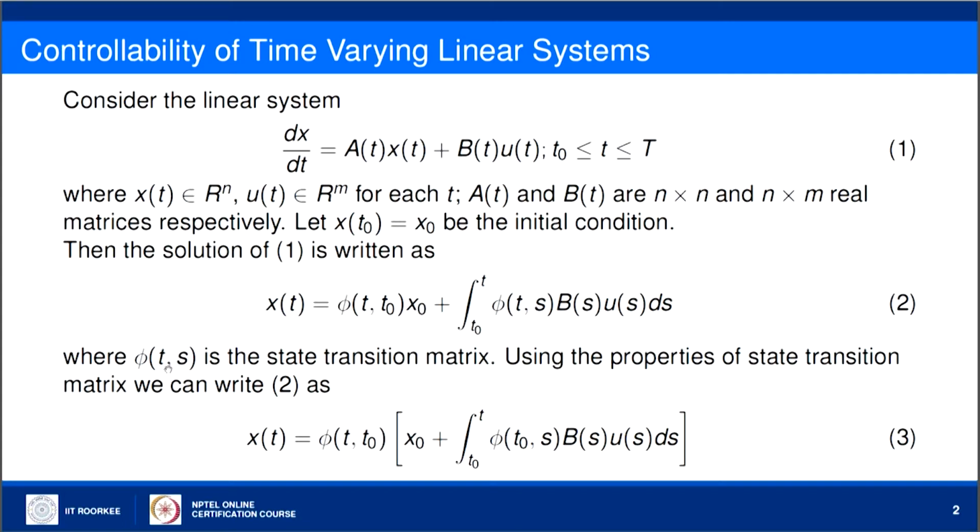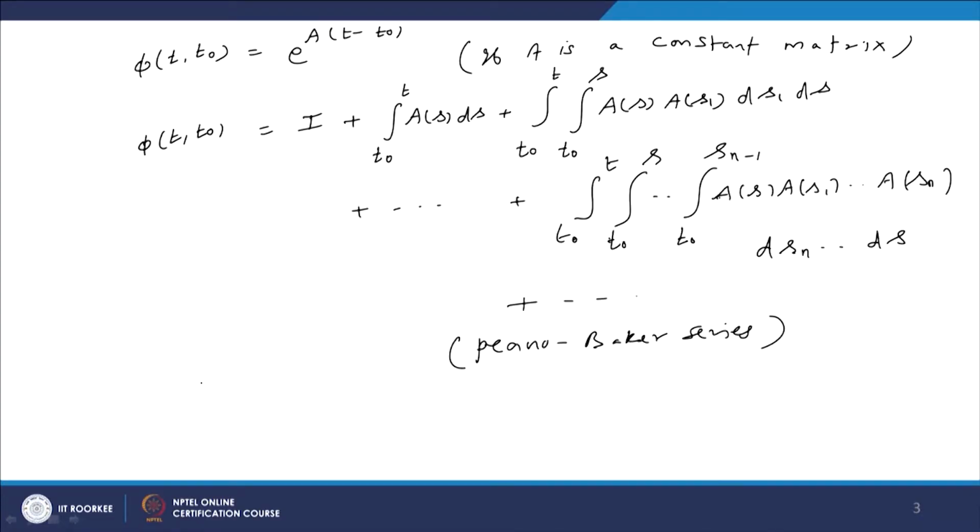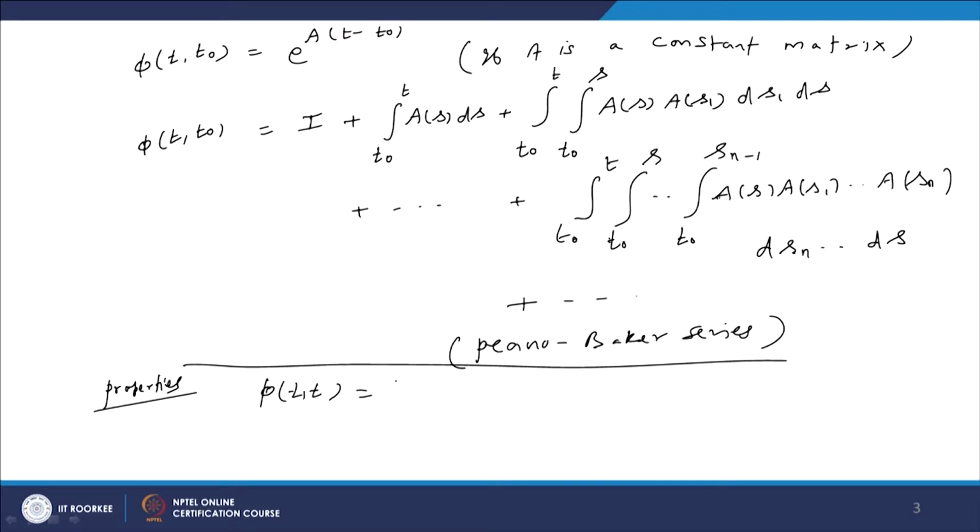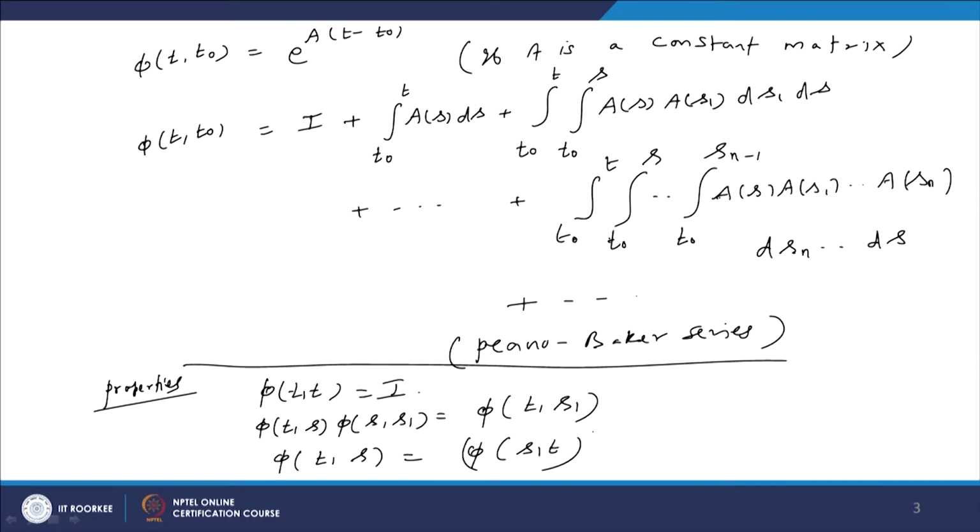Now, we know certain properties of the state transition matrix. So, if we again recall the properties of the phi matrix: phi of t comma t is the identity matrix, phi of t s1 is phi of t s into phi of s s1, phi of t s is phi of s t inverse, and d by dt of phi of t s is equal to A of t into phi of t s.